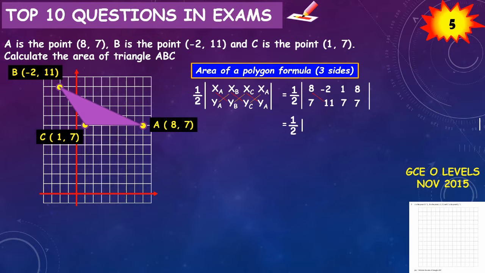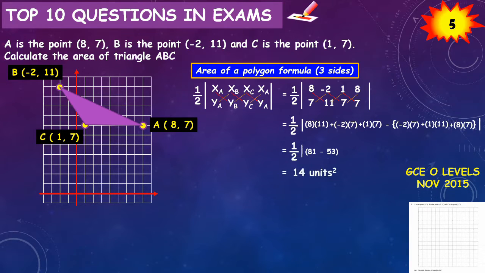The sum of the products of the red dotted lines is subtracted from the sum of the products of the orange dotted lines. Simplifying the values, we get the answer 14 units squared.